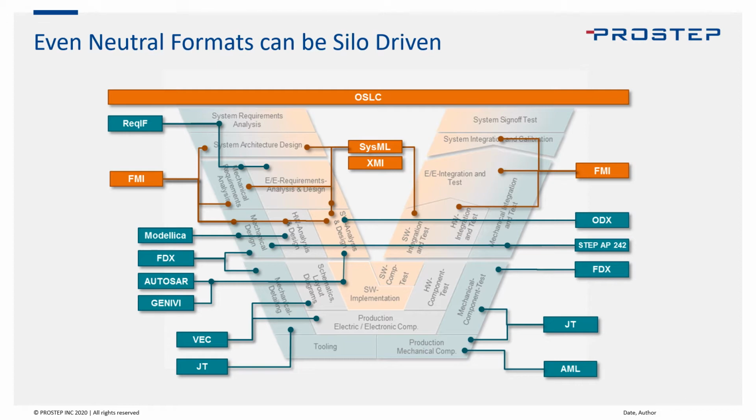Like requirements might have ReqIF, with STEP for mechanical design and testing and manufacturing, or JT, with some of the DMU and other types of functionality. But by and large, because the working groups that are focusing on these neutral formats are specific to a single domain, they don't really bridge these things.